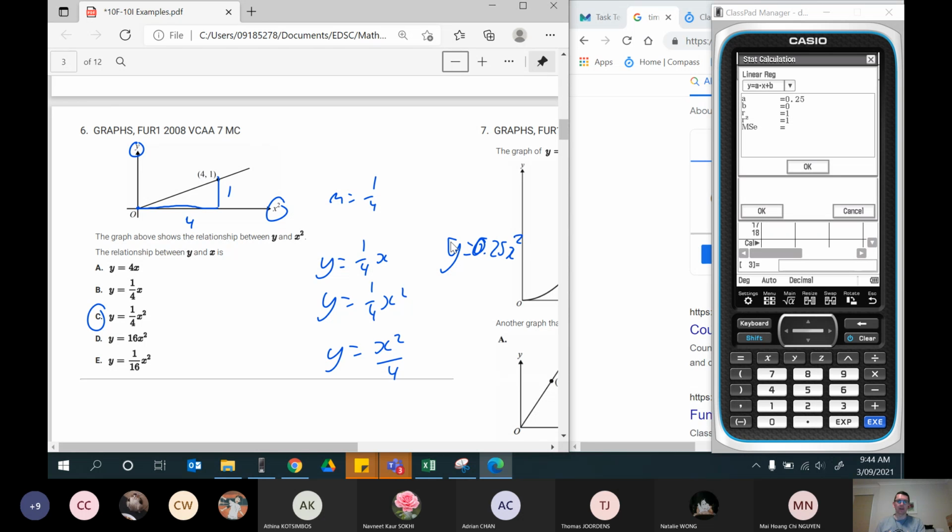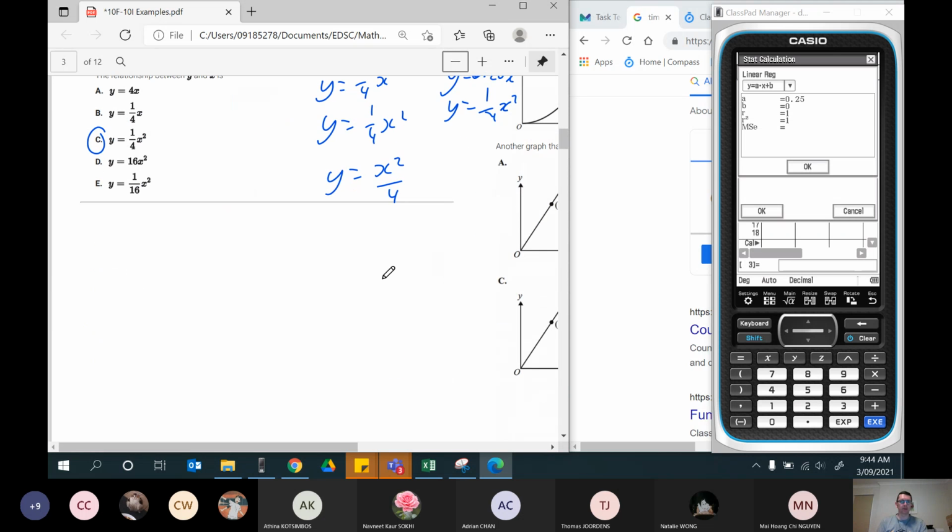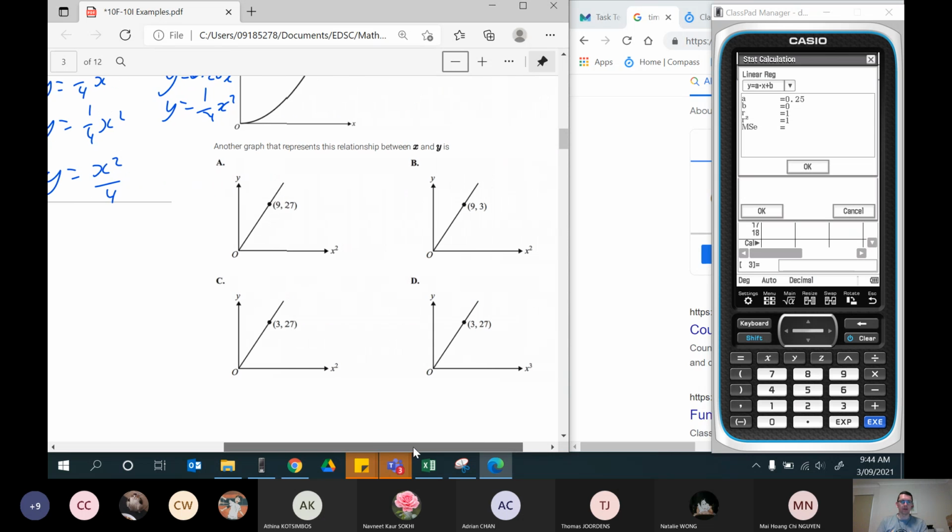So y equals 1/4 x squared, that's what it is. Hopefully that helps. Good job. And hopefully you can see how quickly we can get through that.